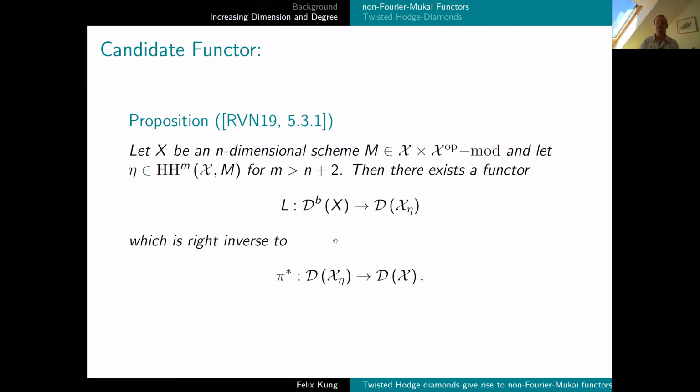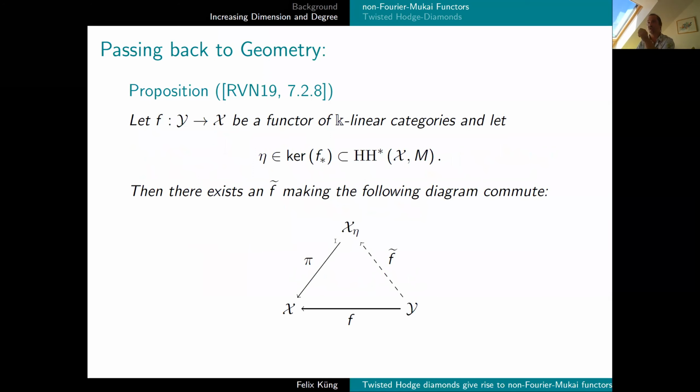But after that, we are now in the derived category of an A-infinity category, which has no reason at all to have anything to do with any geometric thing. So what we then do is, if this eta that we deformed along is actually in the kernel of the push forward along your functor, you can get a diagram like that, which means that you can actually embed, because if you pass through the algebraic world, all your morphisms become functors the other way around.